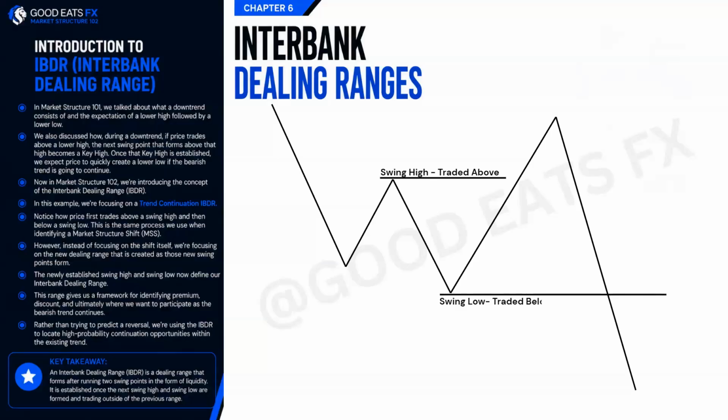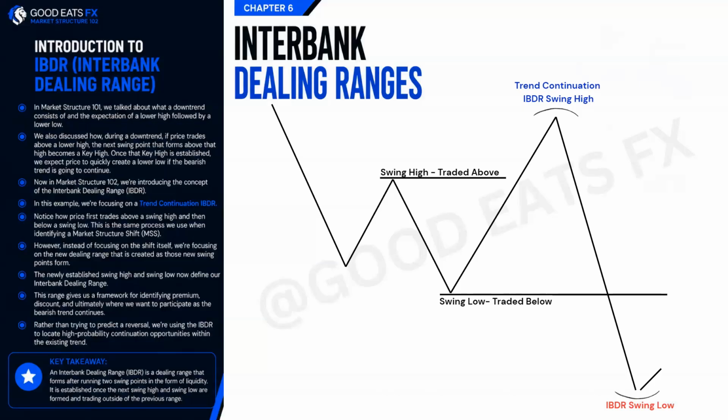This is the same process we used when we were identifying a market structure shift in Market Structure 101. However, instead of focusing on the shift itself, we're focusing on the new dealing range that is created as those new swing points form between this high and this low.